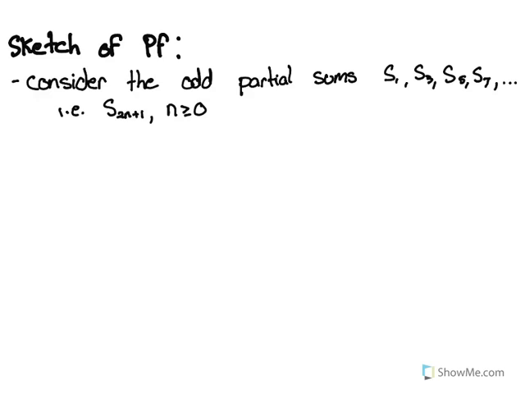So if you write out the partial sum, S1 is equal to just a1, and then S3, remember we're only considering the odd ones, is equal to a1 minus a2 plus a3, which if I group the last two terms, sorry, is equal to a1 minus (a2 minus a3).